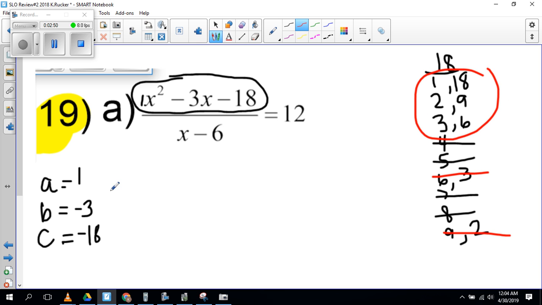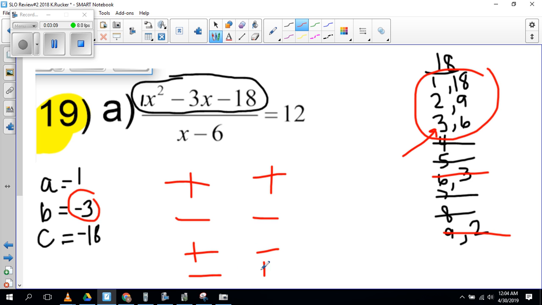So we need the one that's going to give us a negative 3. Either we're going to add it or subtract it to give us a negative 3. So hopefully you can automatically see it's going to be 3 and 6. So we just need to figure out our signs. So plus plus, minus minus, plus minus, minus plus, and we put 3 all the way down. And then we're going to put 6 on the other side.